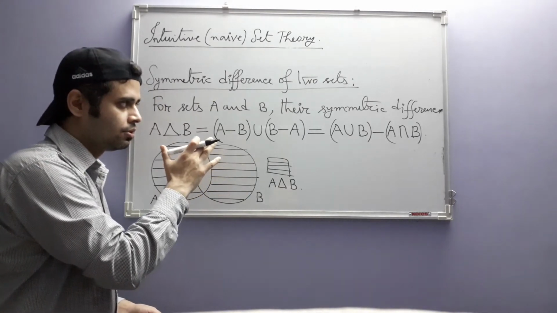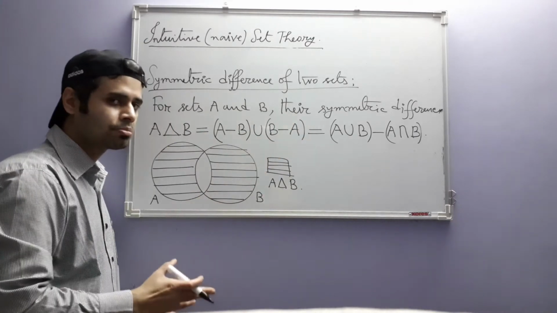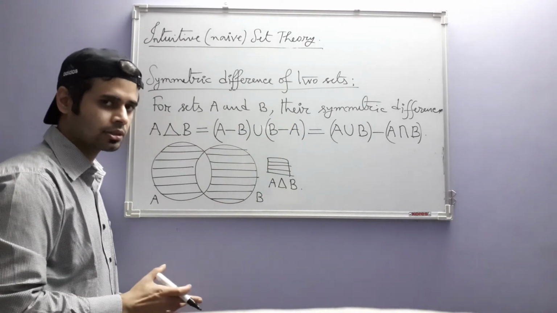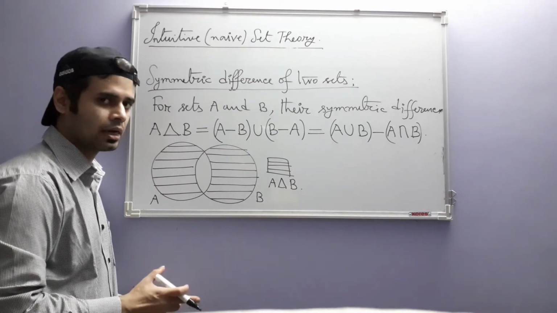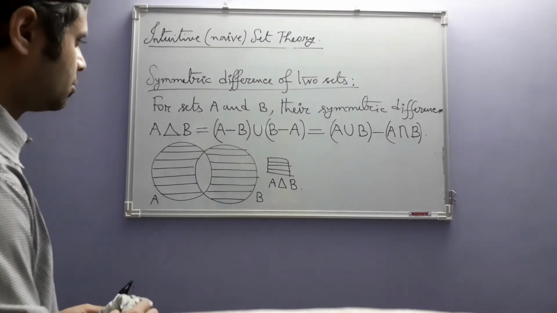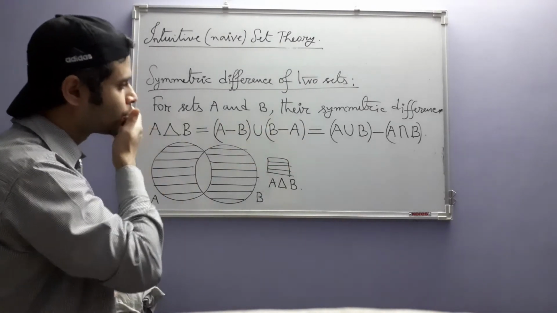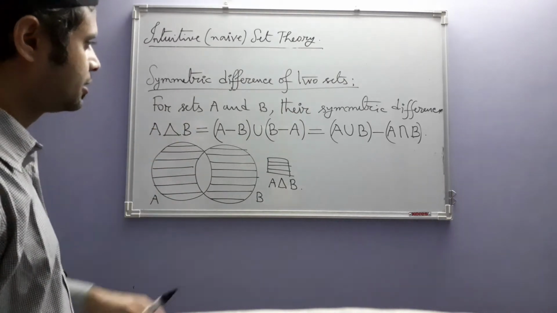So it should be like that. Although this is not a proof, it's just a speculation or a guess or a hunch, a conjecture. So we immediately see one potential result about symmetric difference.